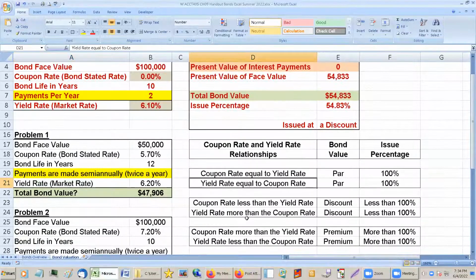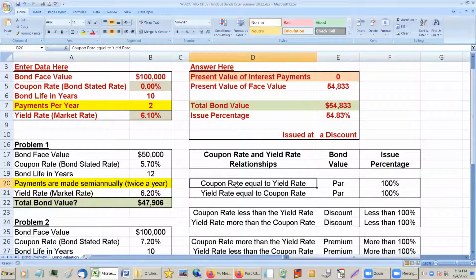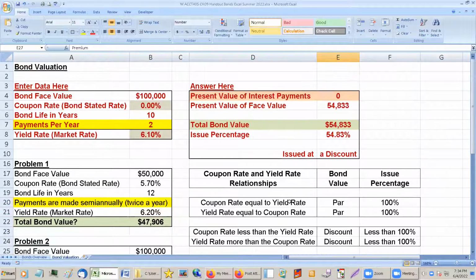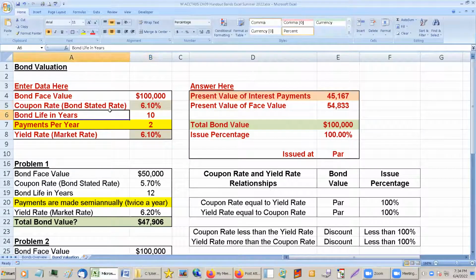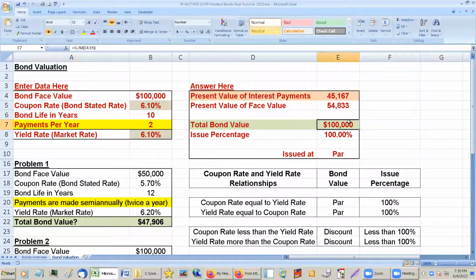Okay, one of the things they also asked though is why does something sell at par value, a discount, or premium? Okay, if the coupon rate is exactly the same as the stated rate, it'll sell at 100%.